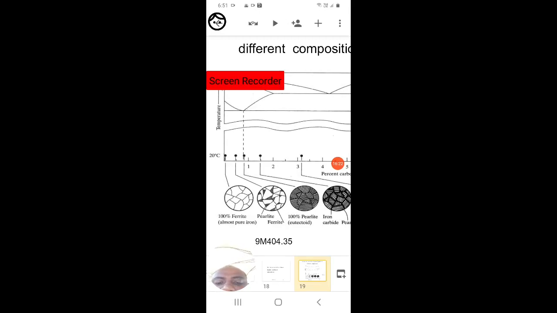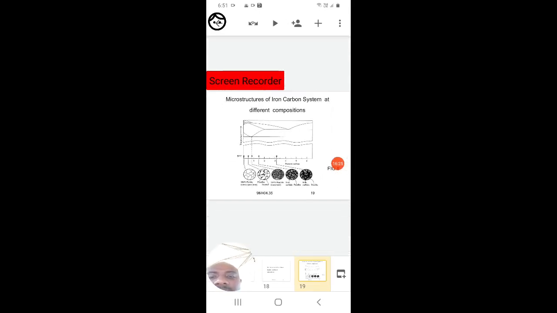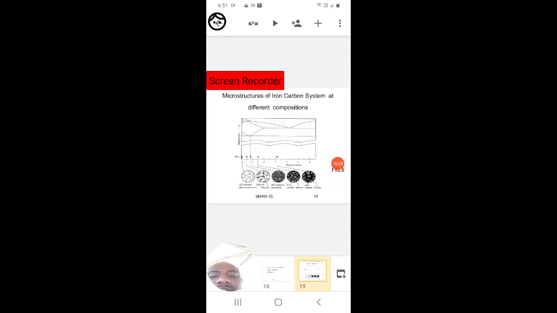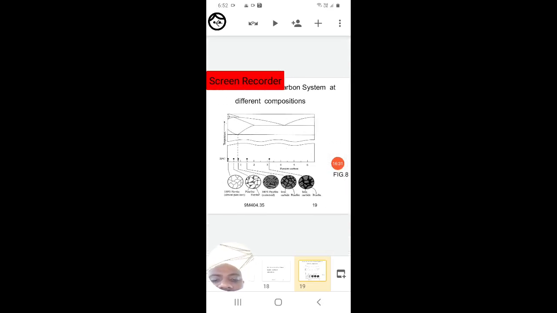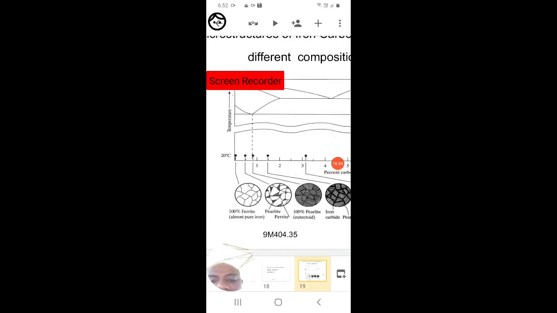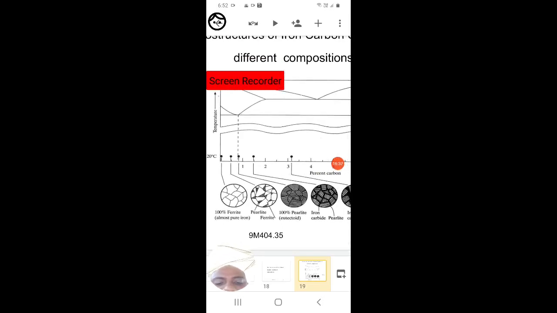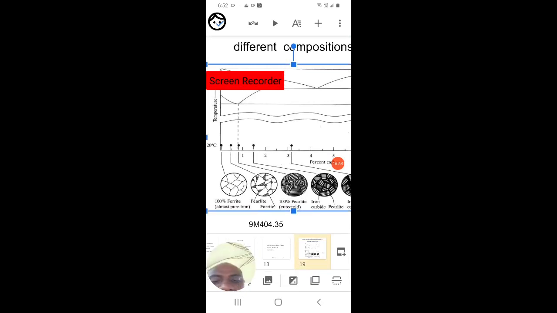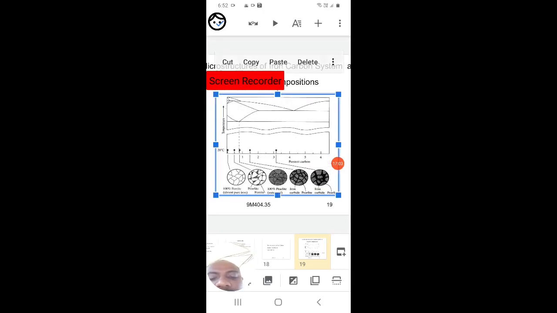Next you see a microstructure of the iron carbon system with different compositions. Next, at exactly 0.8, 100% of pearlite occurs.